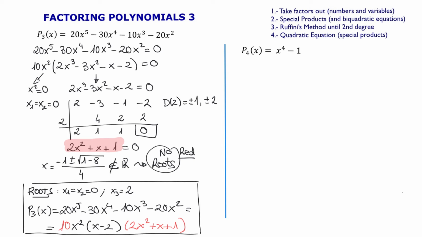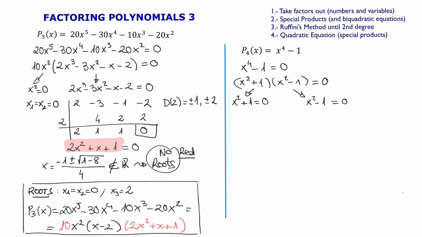Let's go with the last one. We write the corresponding equation to this polynomial. And we realize that, yes, in this case we have a special product. We have x squared plus 1 times x squared minus 1. A product equal to 0, which means that x squared plus 1 must be 0, or x squared minus 1 must be 0.